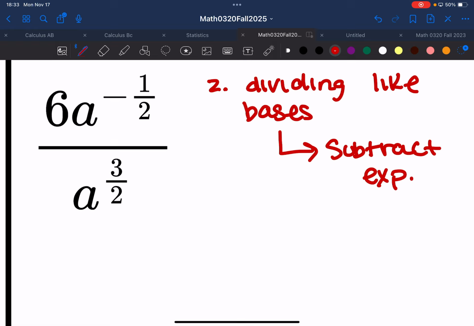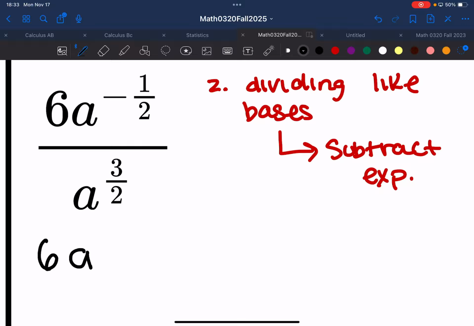From here, I would just rewrite this because we have the same base a. Again, the 6 is not in parentheses with the a, so the 6a is not a base together. The 6 is just going to come along for the ride. It's just going to be attached to the beginning of our answer. So I'm going to bring the 6 down.